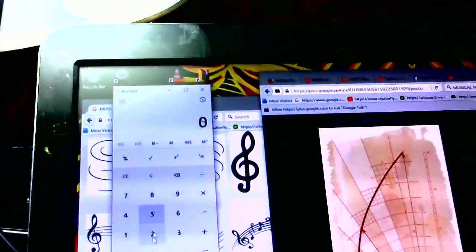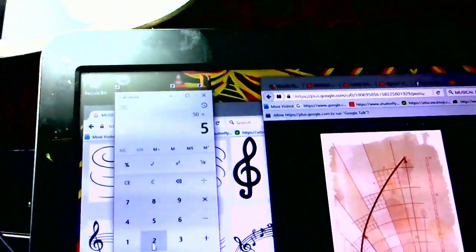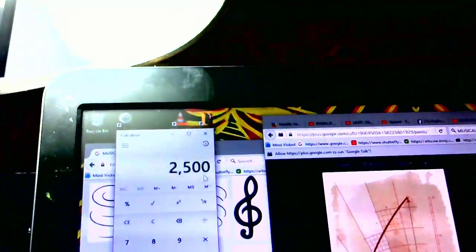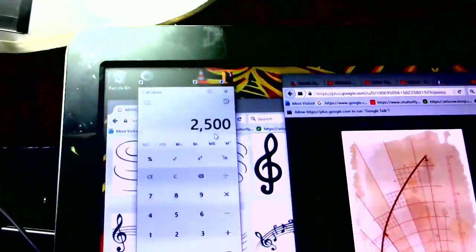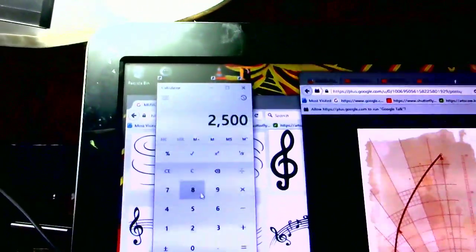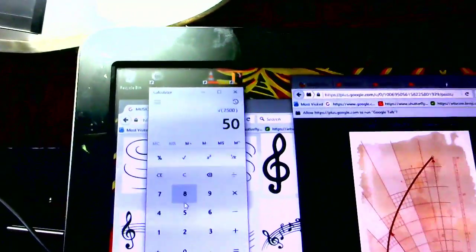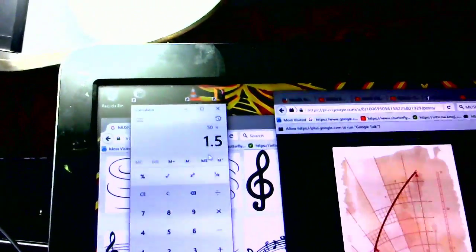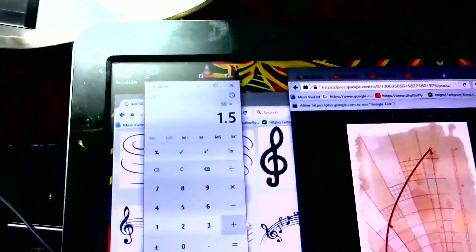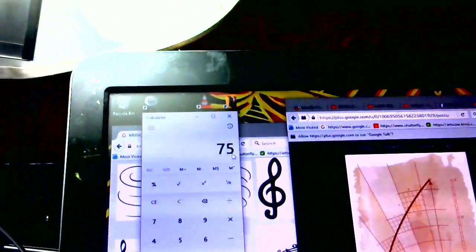Watch this. 50 times, I need 50% of it, which means I'm adding on half of whatever it is back to the 50. So instead of going 50 times 50, I go 50 times 1.50, and it is the 1 that brings the original number forward, and then it equals to 75.